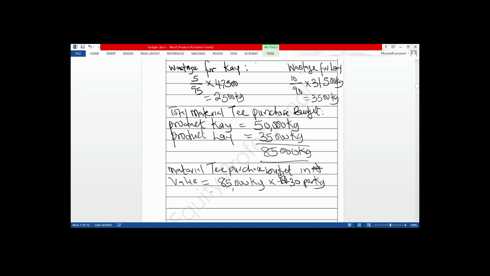Please, what is the naira value? 2,550,000 naira. This is the amount the company will budget in order to buy the raw material.